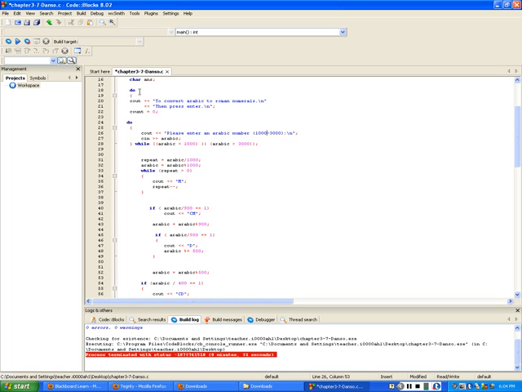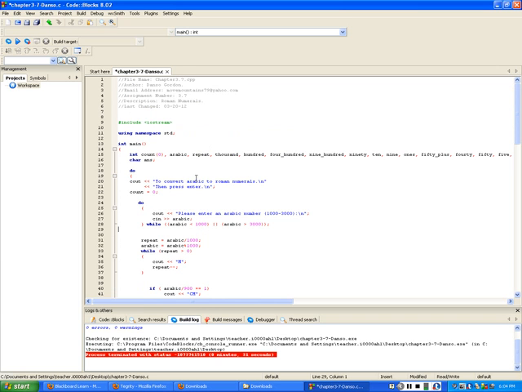So this do has to go inside. Count, I'm not using count anymore. We're going to delete count. I'm not using repeat anymore.